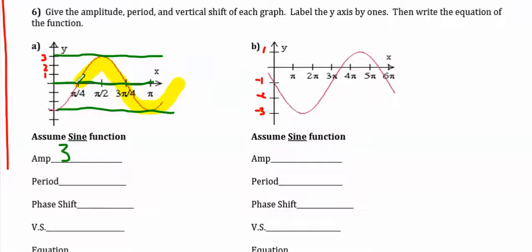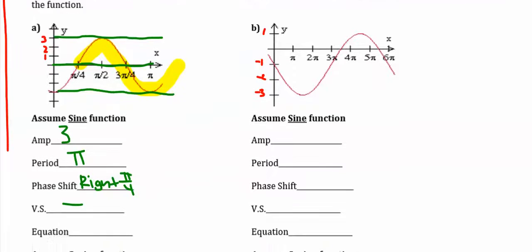My period, it looks like one full cycle takes place over pi. Okay, phase shift is to the right pi over 4. Vertical shift, there is none.